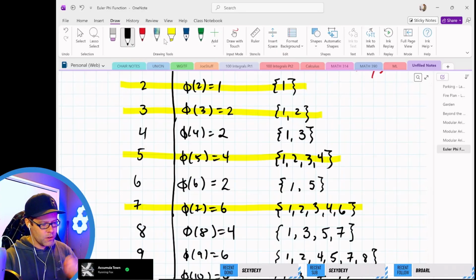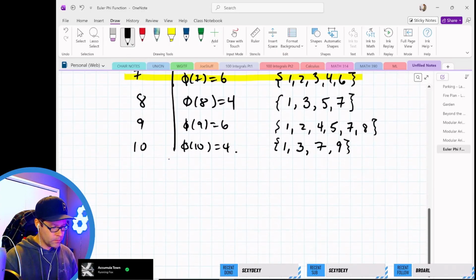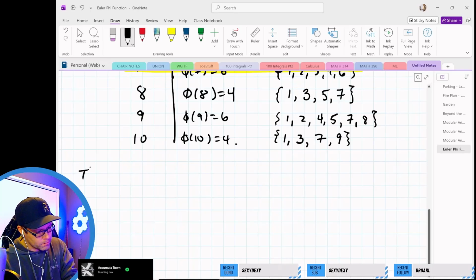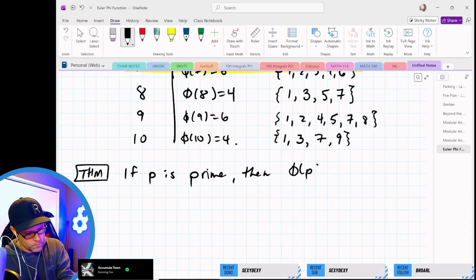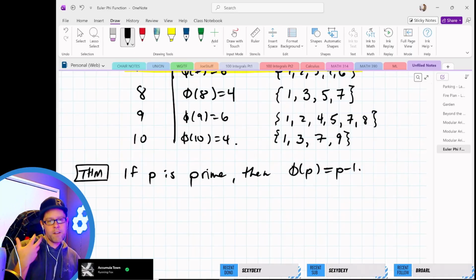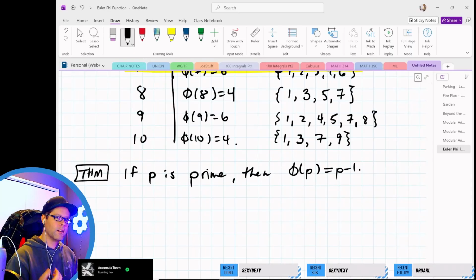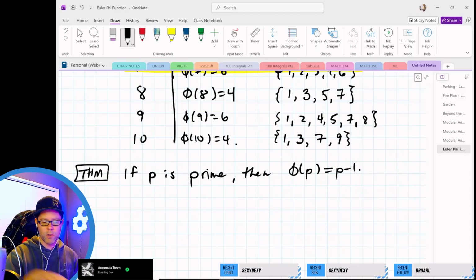So that leads us to our first theorem, which is the following. If I'm given a prime number, then the Euler Phi of that prime number is always p minus 1.